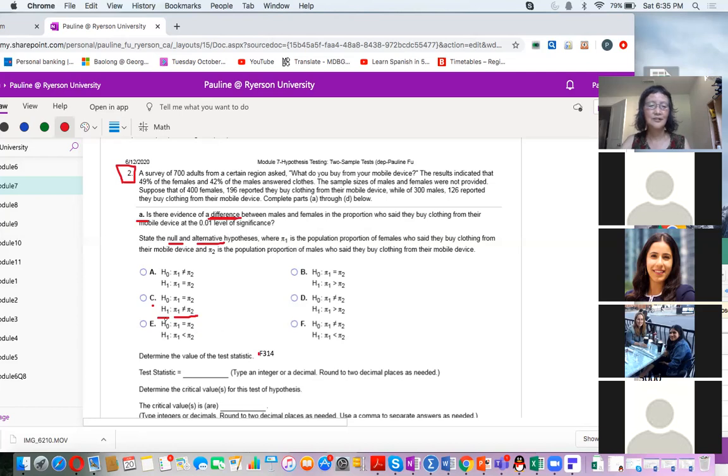No. So answer C is the correct answer. H0 says two population proportions are the same, and H1 says two population proportions are not the same. Okay. So any questions about H0 and H1?